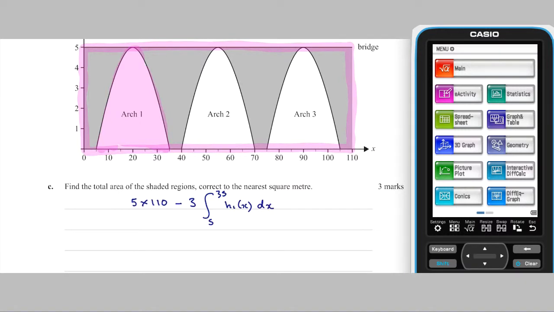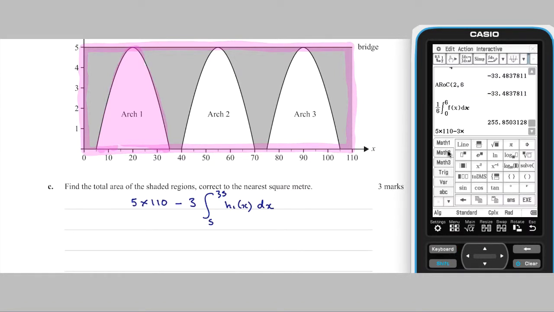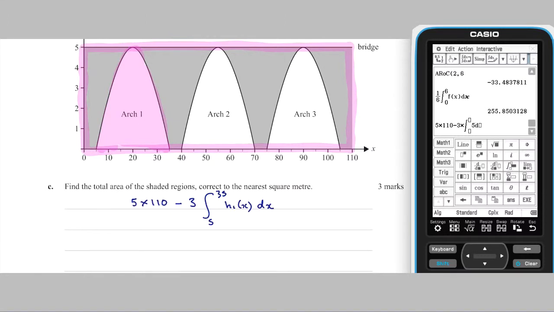This calculation can be performed on our class pad. And that exact value to the nearest square metre will be 264.